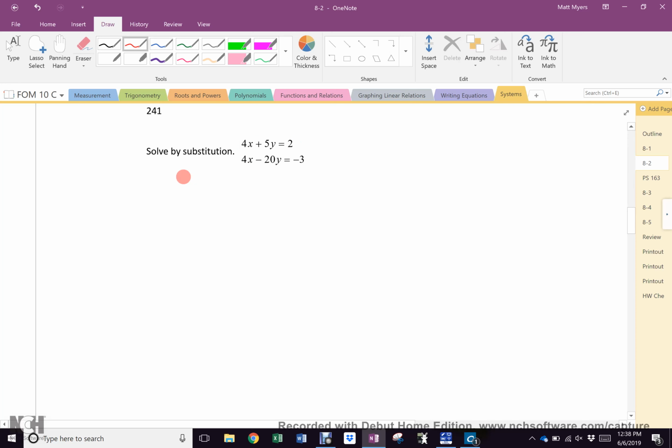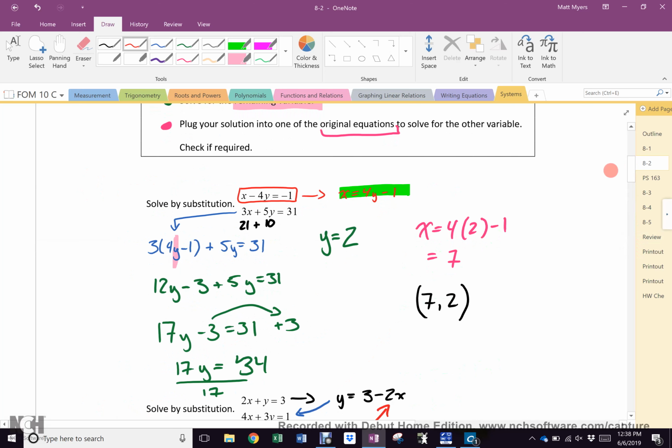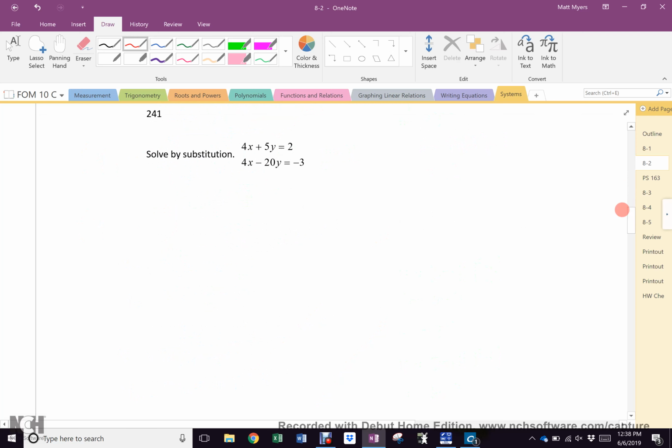What is the reason we do substitution? What are we trying to do? We isolate something, and then we move it into the other equation so we can get rid of something, correct? When we did this, x equaled this, right? And there's an x. Cool? Okay. So look here. You should see that those two are the same thing, aren't they?